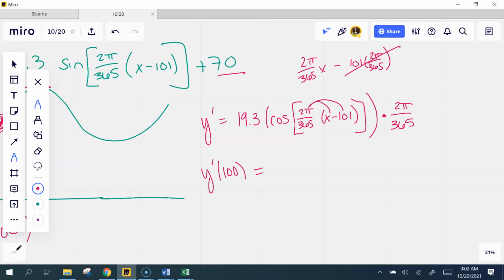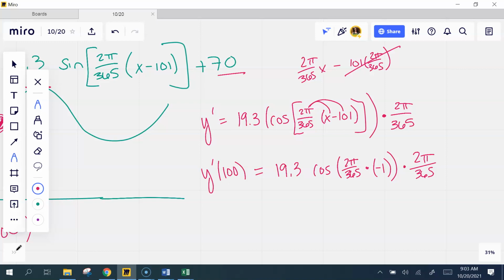So now I just plug in cosine 2 pi over 365. I'm plugging 100 in here, so that would be times negative 1. Maybe we should use 101 instead of 100. Do you see why I said that?